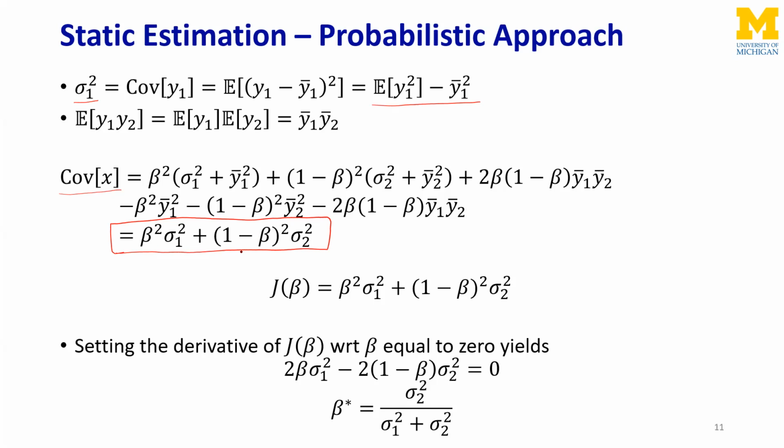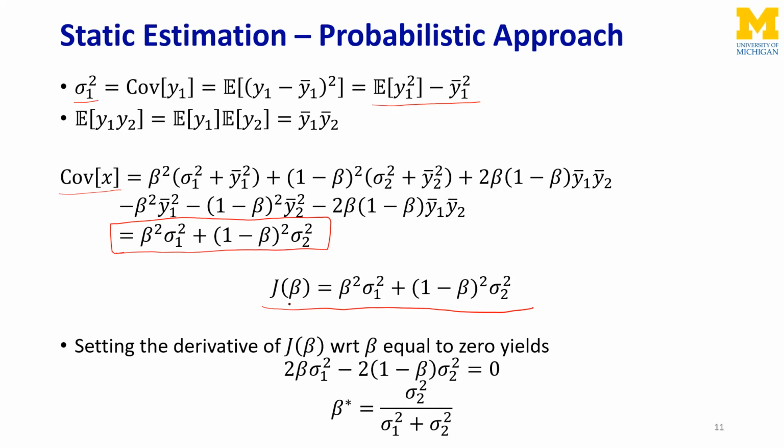And since we are trying to minimize the covariance of X, the cost is simply given by this equation, and I'm going to minimize this cost with respect to this variable beta.